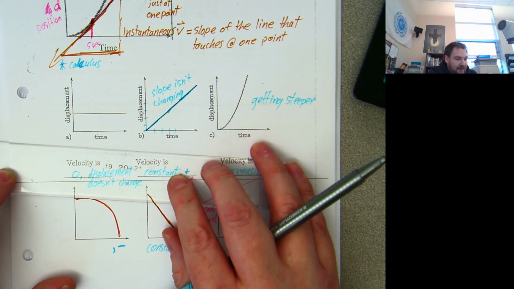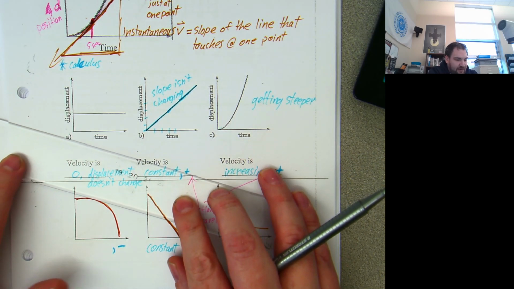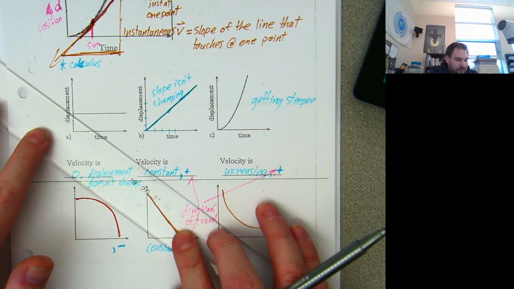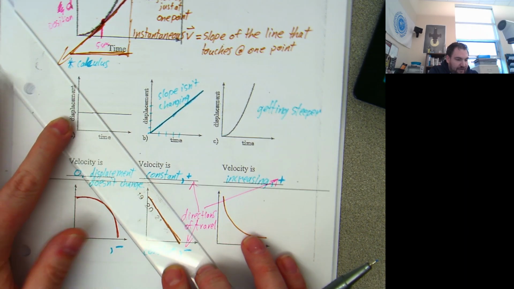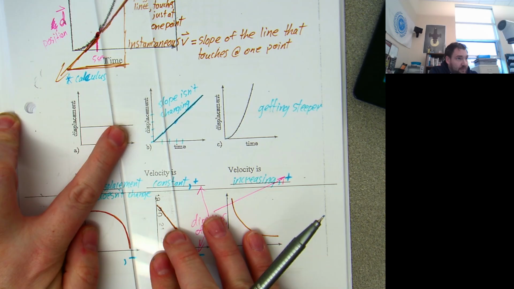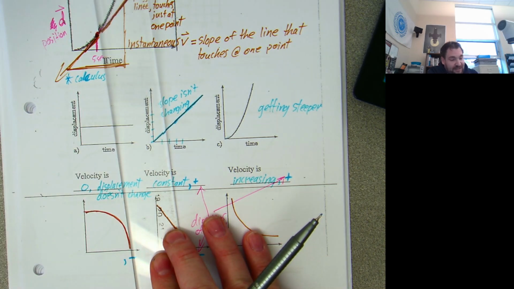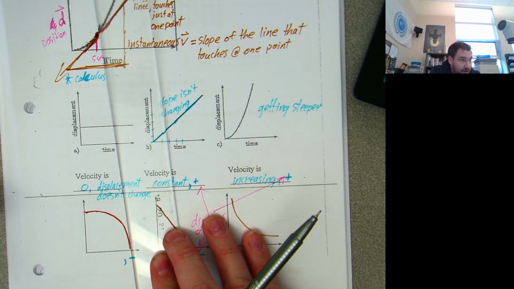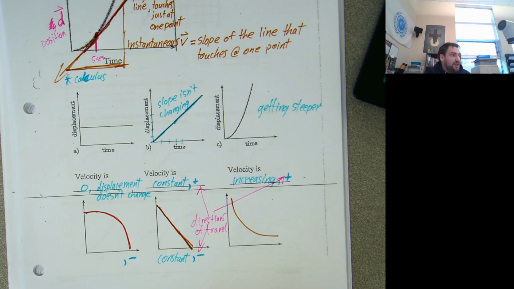As time increases, what's happening to my ruler as I roll it along the line? It's getting more steep. So if a line on a position time graph is getting steeper, what's the velocity doing? Kale. The line is getting steeper.